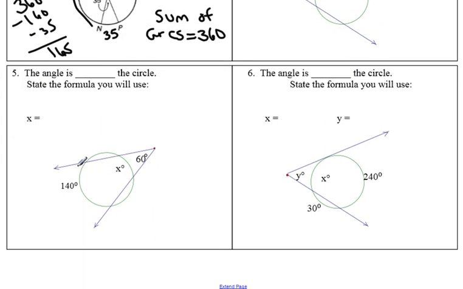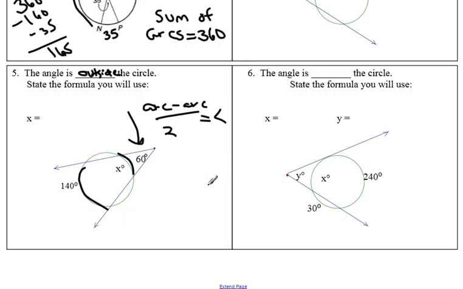Number 5, you have 2 secants. The angle is outside the circle. So the formula we use is that we have the big arc minus the little arc divided by 2, and that gives us the angle that's outside the circle.